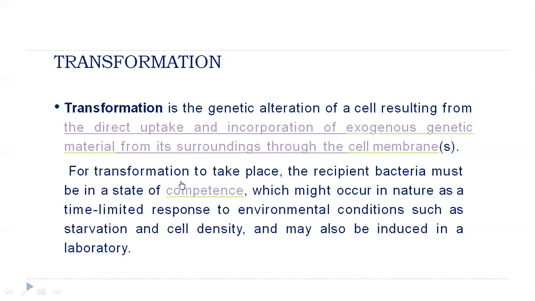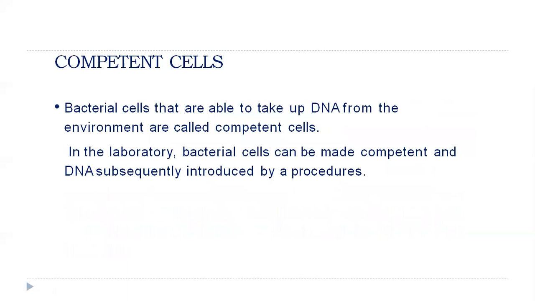For transformation to take place, the recipient bacteria must be in a state of competence, meaning the bacteria should be able to take up the DNA material. This might occur in nature as a time-limited response to environmental conditions such as starvation, cell density, and other things.